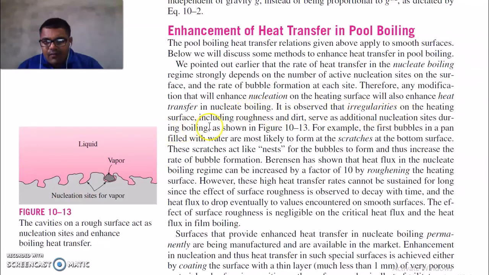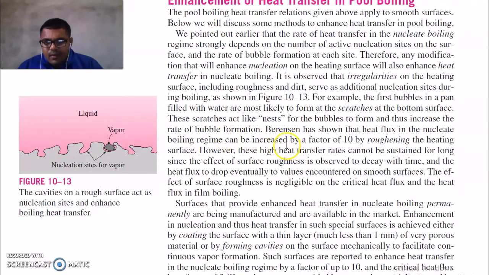Irregularities on the heating surface, including roughness and dirt, serve as additional nucleation sites during boiling. Berenson has shown that the heat flux in the nucleate boiling regime can be increased by a factor of 10 by roughening the heating surface. However, these high heat transfer rates cannot be sustained for long, since the effect of surface roughness decays with time and the heat flux drops eventually to values encountered on a smooth surface.